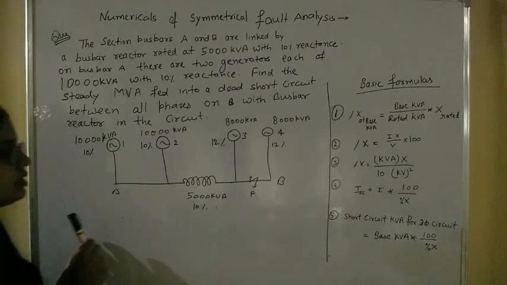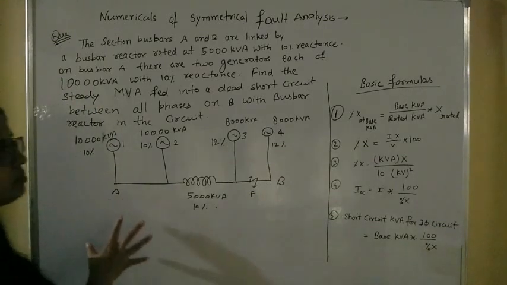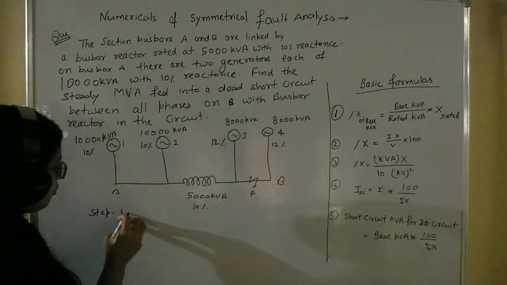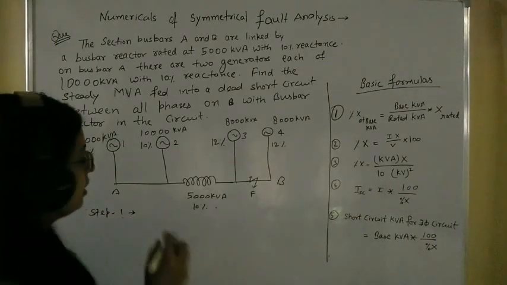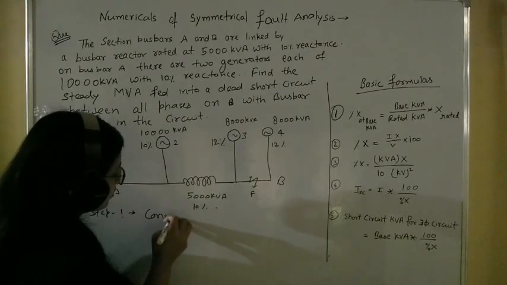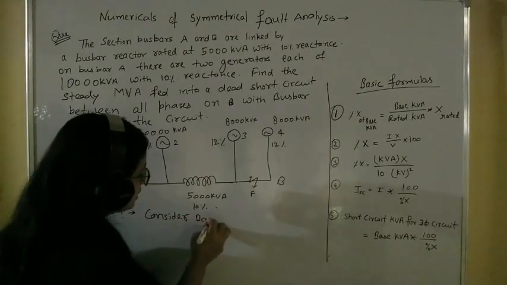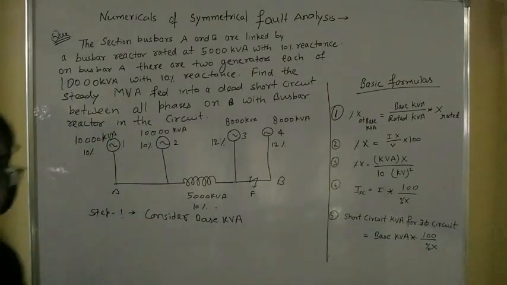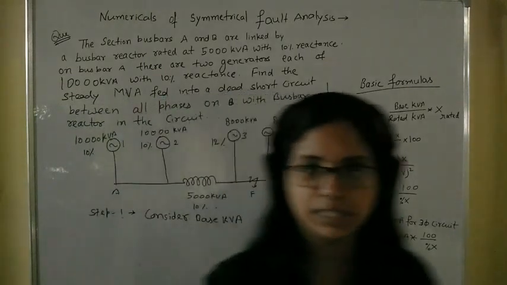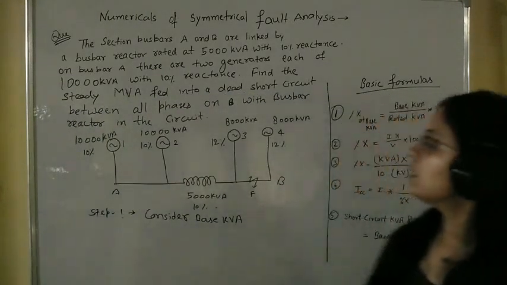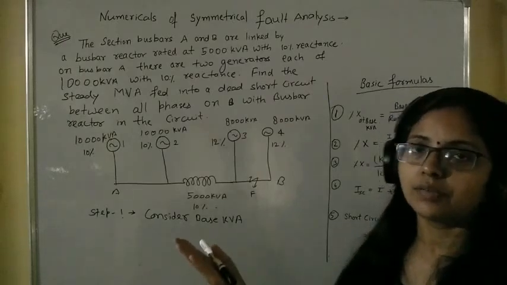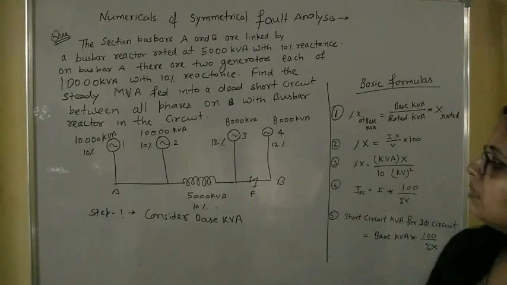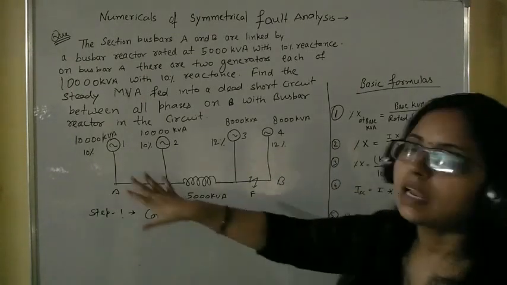So what are the steps to solve this type of questions? Step number 1: first, you have to consider a base kVA. What will be the base kVA? Base kVA can basically be of three types. We can consider the largest kVA of the equipments connected in the system. Here it is the single line diagram.